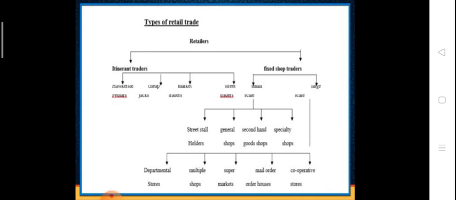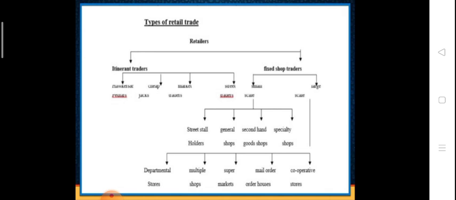Okay. Now students, retail trade is also divided into some groups. Retail trade is divided into two parts: itinerant traders and fixed shop traders.